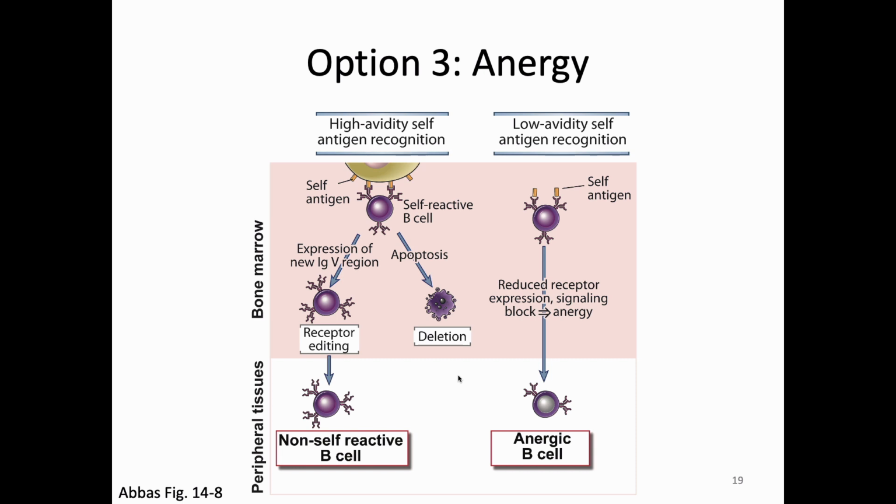The way that this actually happens is that we set it up like this, where there are different areas. If that binding is super strong, if we get a lot of signal, that's really dangerous. And this is where we get rid of the cell, either by deletion or receptor editing.